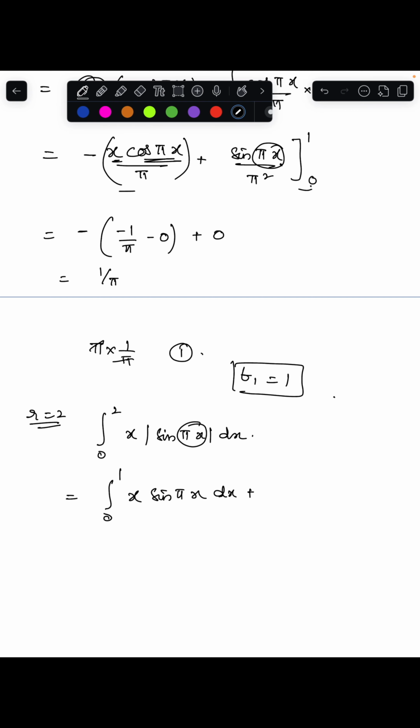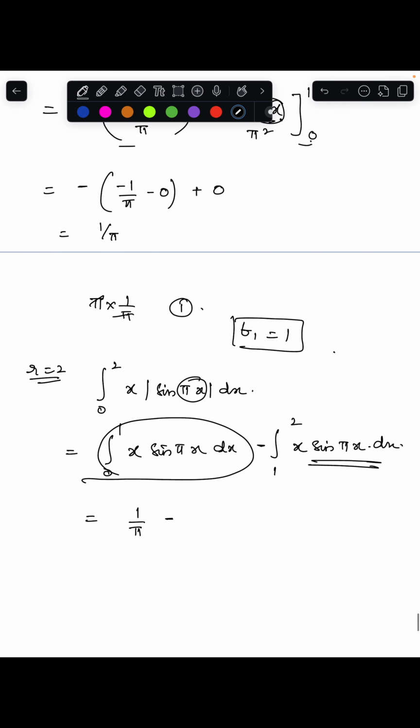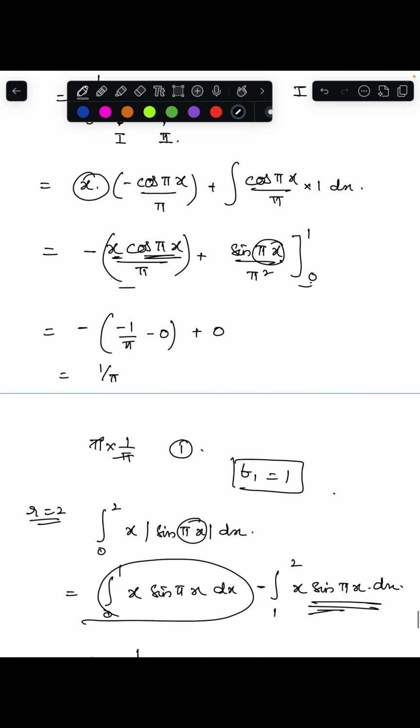But 1 to 2, it is negative. So I will apply minus here. So minus of x sine pi x dx. We have already evaluated this. So this is 1 by pi minus of, let's apply limits for this integration that is already evaluated. We have to apply 2 to 1, right?